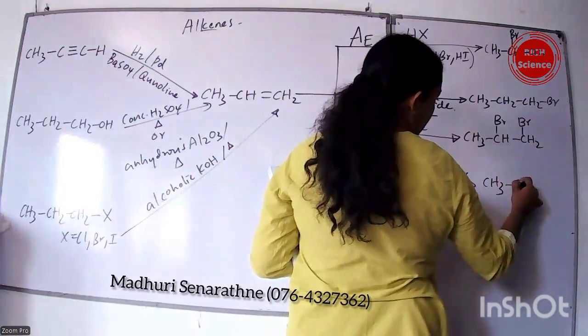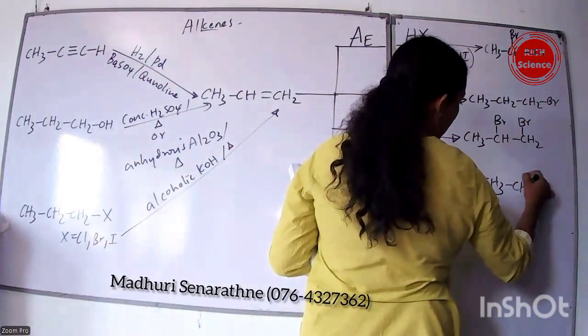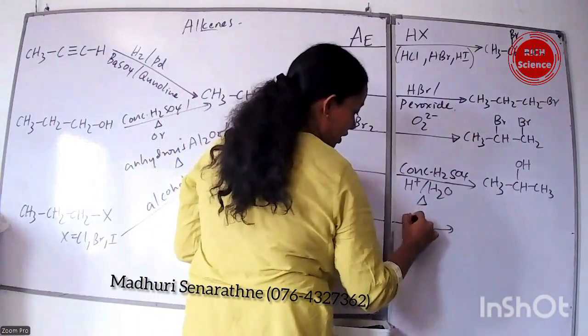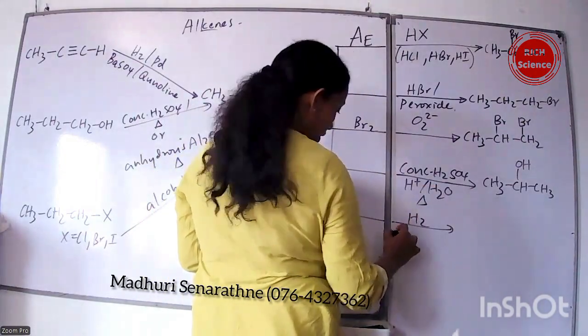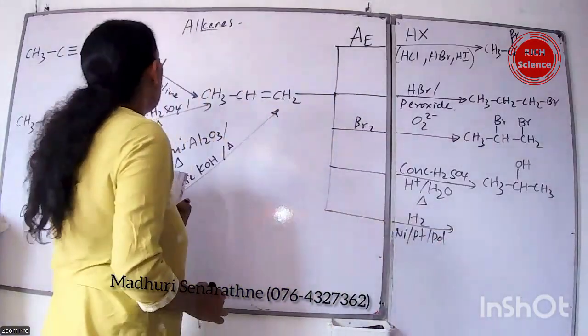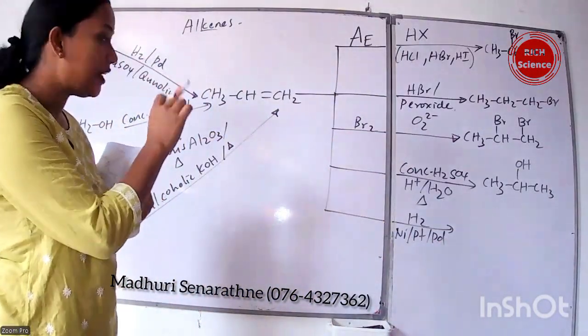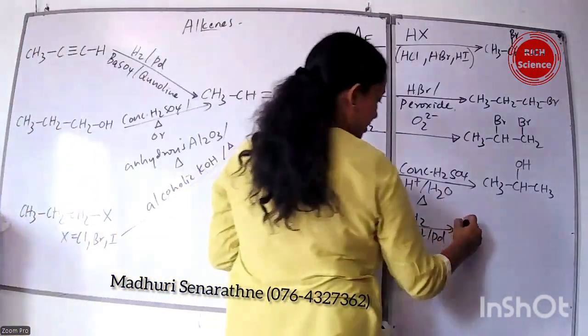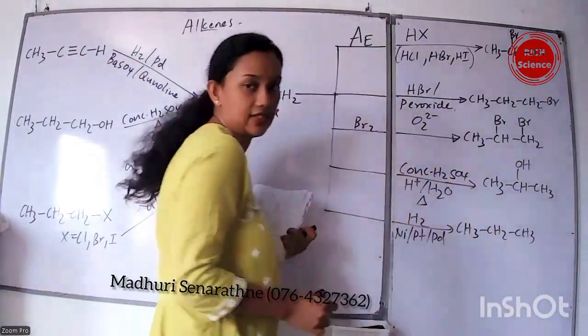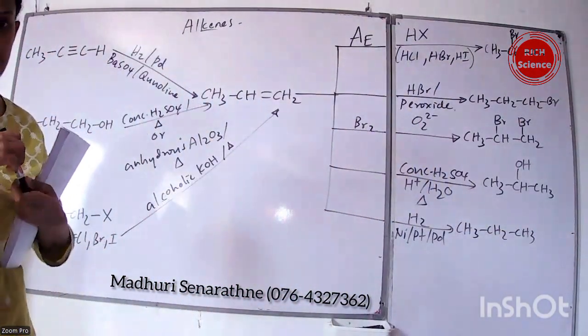Then CH3, CH, CH3, OH. Next one, hydrogenation: H2 with nickel, platinum, palladium. Alkene goes to an alkane like CH3, CH2, CH3. It should be like this. Reactions of alkenes.